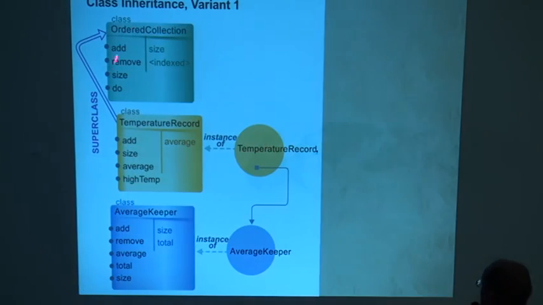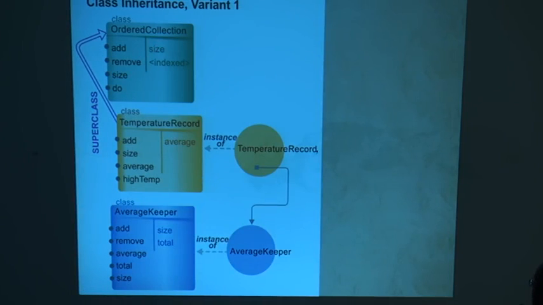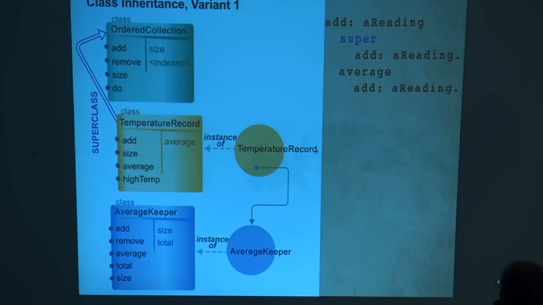Here we've subclassed from ordered collection. We still need the other components, so we're going to use object composition for that. So we still have an average instance variable and an average keeper instance hanging around. What does that do to our code? Well, very little. We just do a super send instead of a send to an instance variable for add.